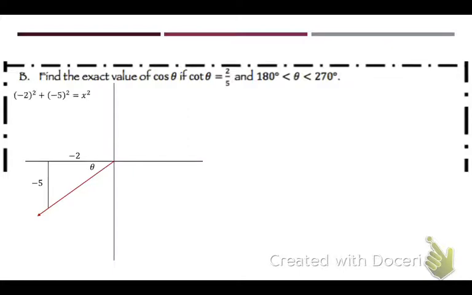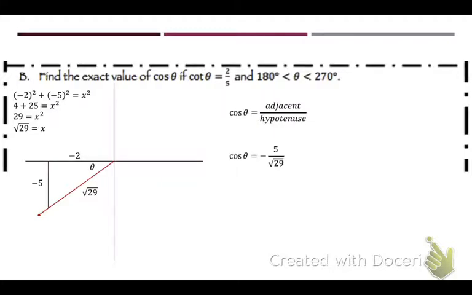Now I'm going to use the Pythagorean theorem to solve for the hypotenuse. -2 squared plus -5 squared equals x squared. That's 4 plus 25 equals x squared. 29 equals x squared. So x equals the square root of 29. Cool? And then cosine is adjacent over hypotenuse. So that's, shoot, I did that wrong.